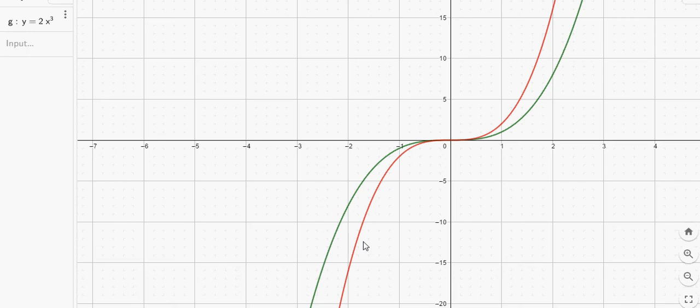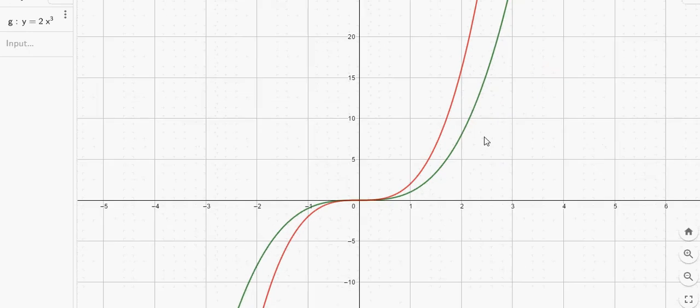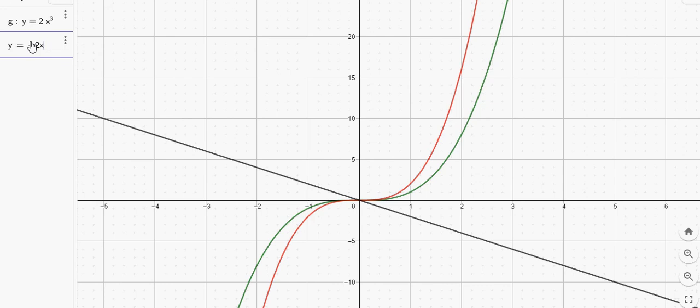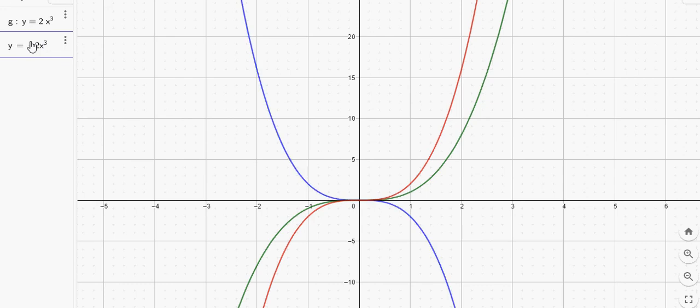Now, can anybody tell me, make a prediction? What happens if I do y equals minus 2x cubed? Let's find out. It's reflected in the x-axis, but it also looks like it's reflected in the y-axis as well.